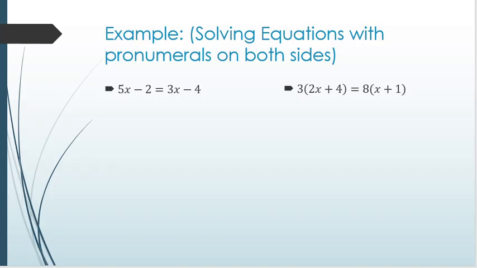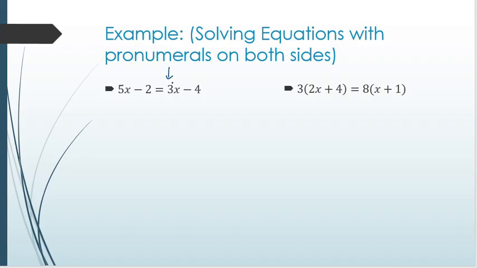Now, let's go through some of these examples together. I have 5x minus 2 equals 3x minus 4. The first step is to always bring your variables over to one side only, or your terms with the variables to one side. I am going to move this 3x over to the left-hand side. Let's check what inverse operation I need.